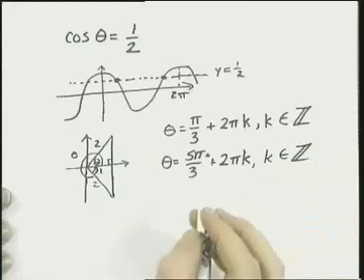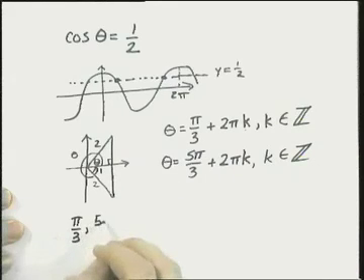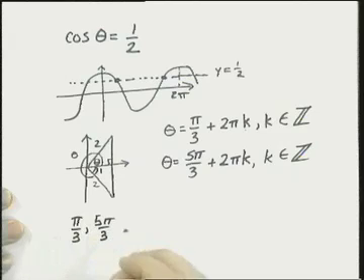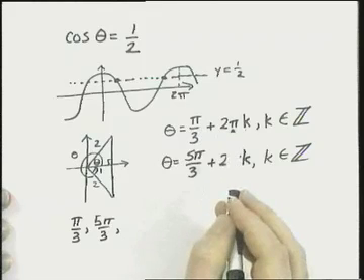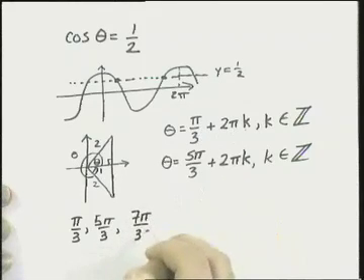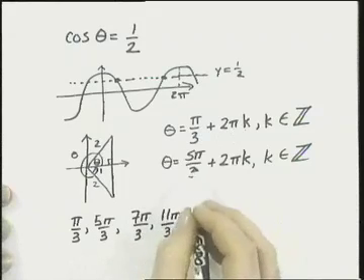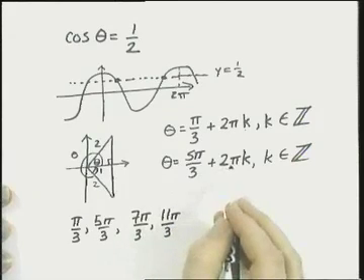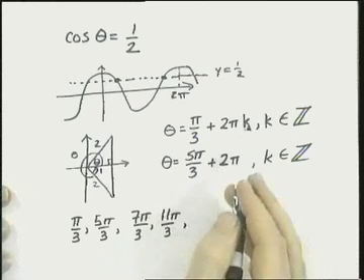So some of the solutions are pi over 3 and 5 pi over 3. That corresponds to k equals 0. If k is 1, I would get pi over 3 plus 2 pi, or 7 pi over 3, and 11 pi over 3, because 5 pi over 3 plus 6 pi over 3 is 11 pi over 3. What if k is 2?